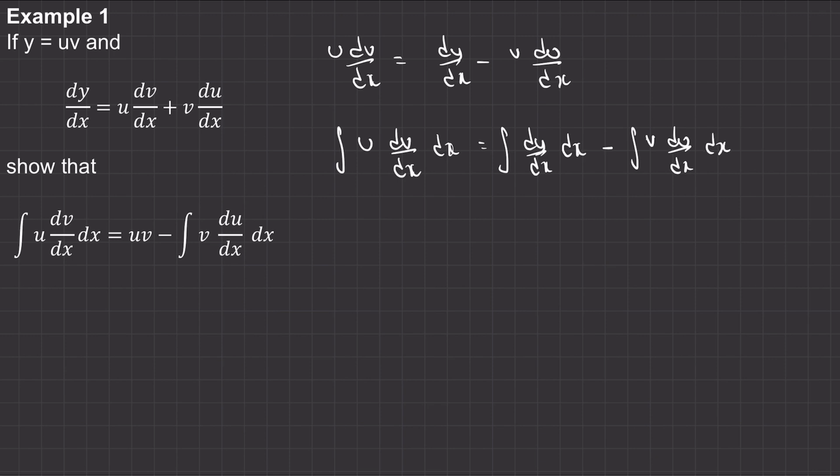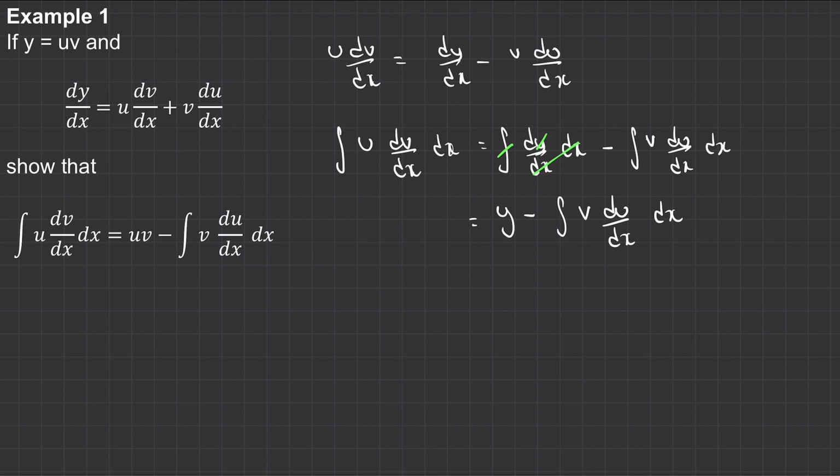And now can you see that this dx and this dx will cancel, and the integral of dy will just make y. So these two will cancel, so we have y minus the integral of v du over dx with respect to x.